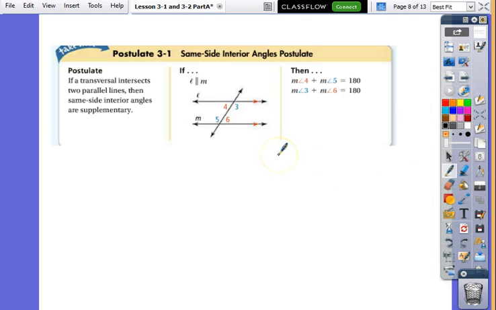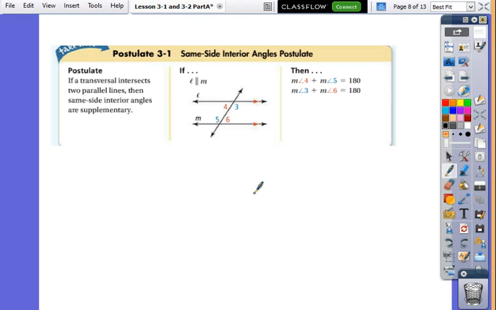So later we're going to find out that same side interior angles are always supplementary. So if you have two parallel lines, this is note card worthy.